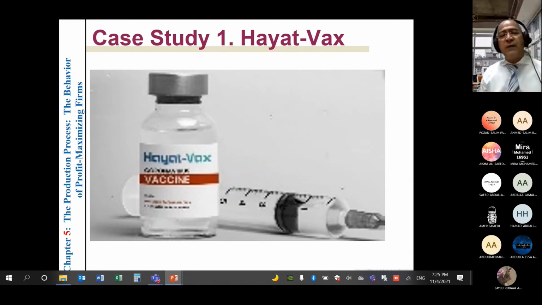So the government pays all the expenses of Hayat-Vax production. And it's clear there is a strong relationship between our government and the government in China. So there is an umbrella of political relationship between the two countries.